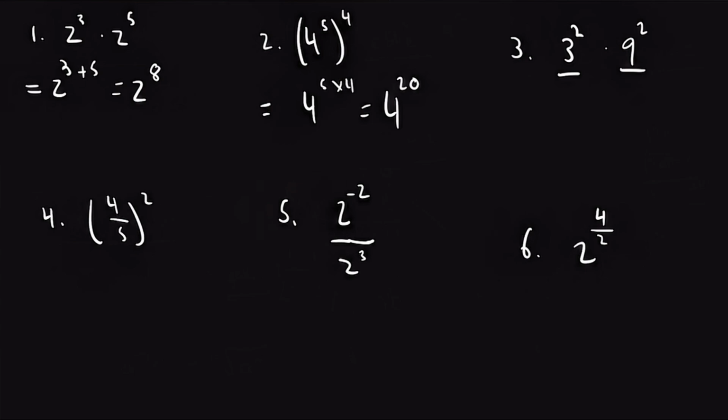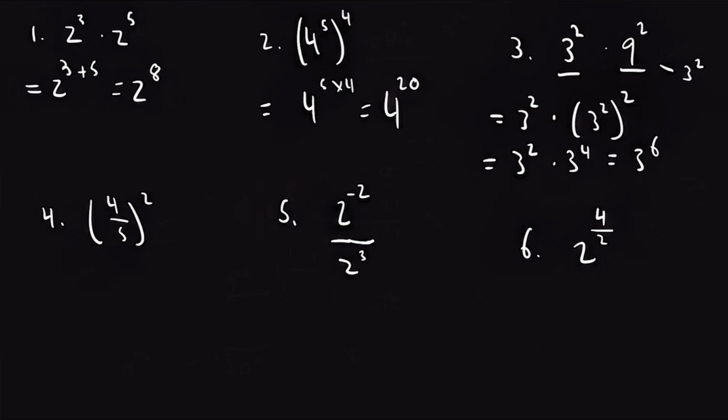So you could notice that 9 could be rewritten as 3 to the power of 2, which will make the bases the same. So you'll have 3 to the power of 2 times, in brackets, don't forget this, 3 to the power of 2 to the power of 2. So this just simplifies to 3 to the power of 2 times 3 to the power of 4 by applying the power of a power rule, and then apply the product rule, and you get 3 to the power of 6.